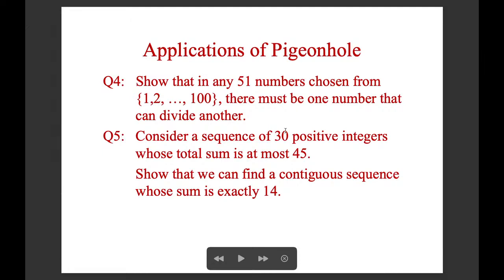If a lot of them were greater than or equal to 2, the sum would be much larger than 45. But even though we know that a lot of them are 1, it doesn't mean there will be a contiguous sequence with sum exactly 14. This is hard to imagine. But with a very tricky design of the pigeons and the holes, this can be easily shown to be correct.